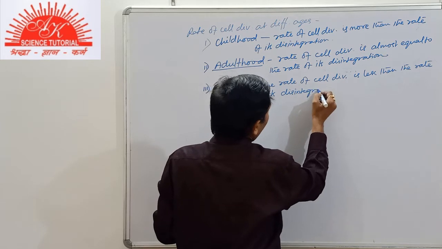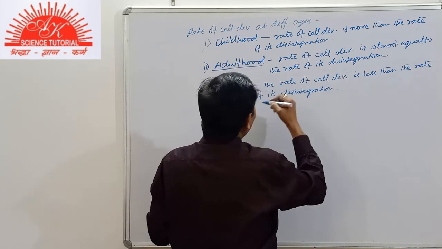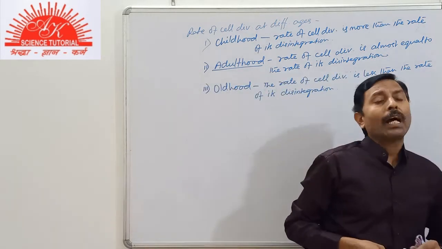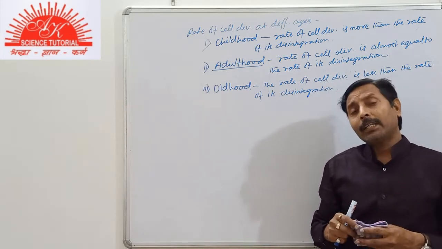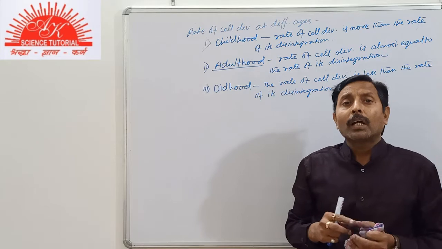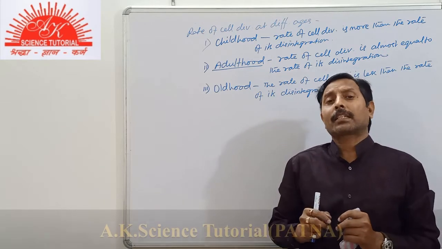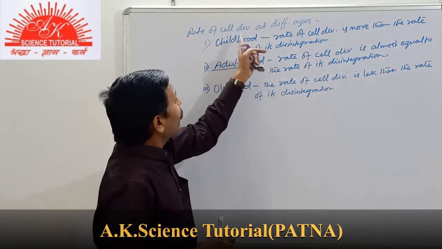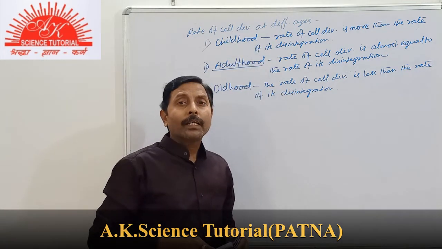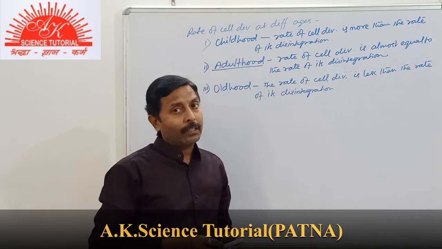Means gradually we lose our body weight, the number of cells gradually decrease, and you find that in oldhood, gradually our body size shrinks slightly. This is due to this condition. So in different ages of life, the rate of cell division is different.